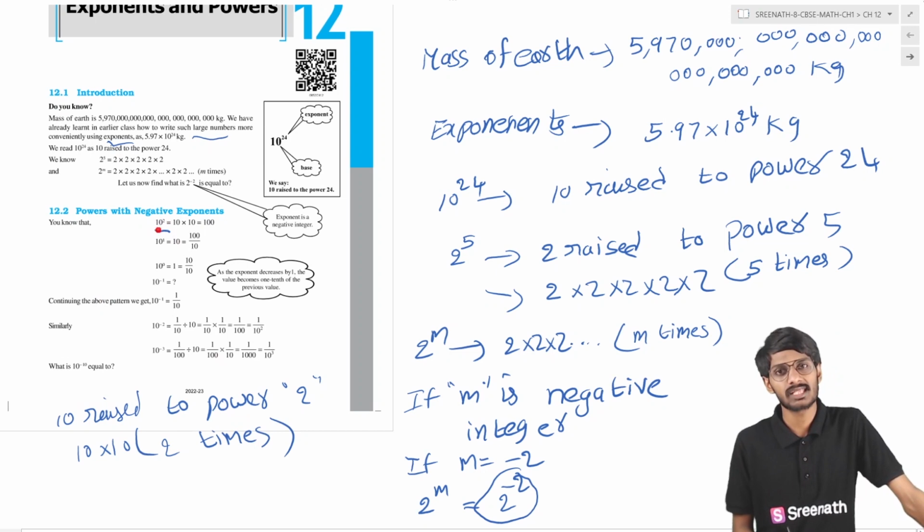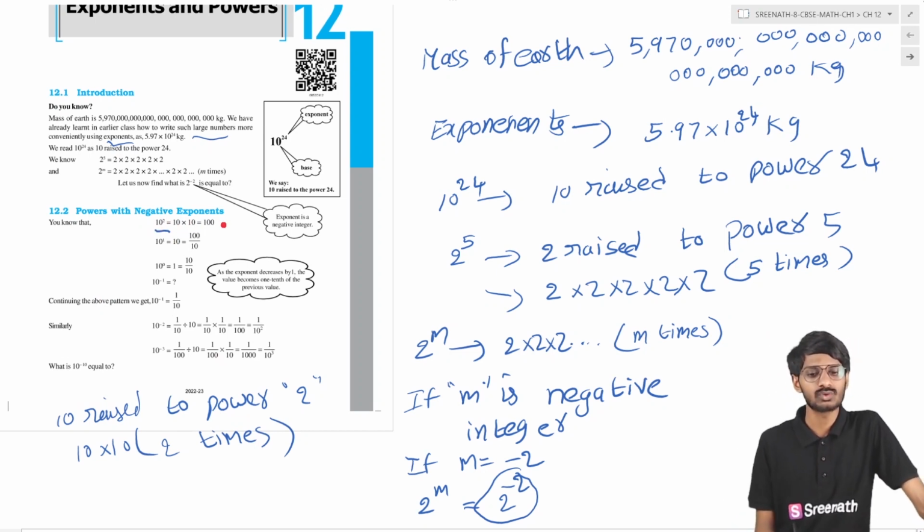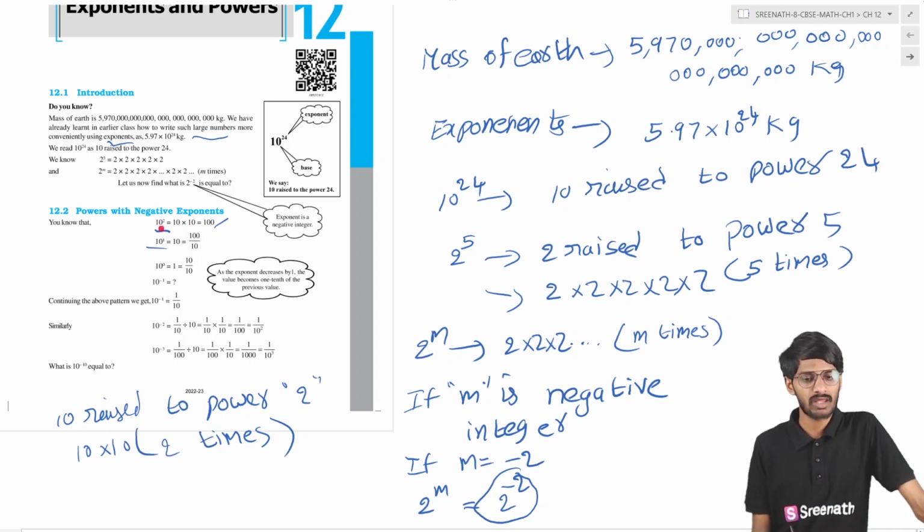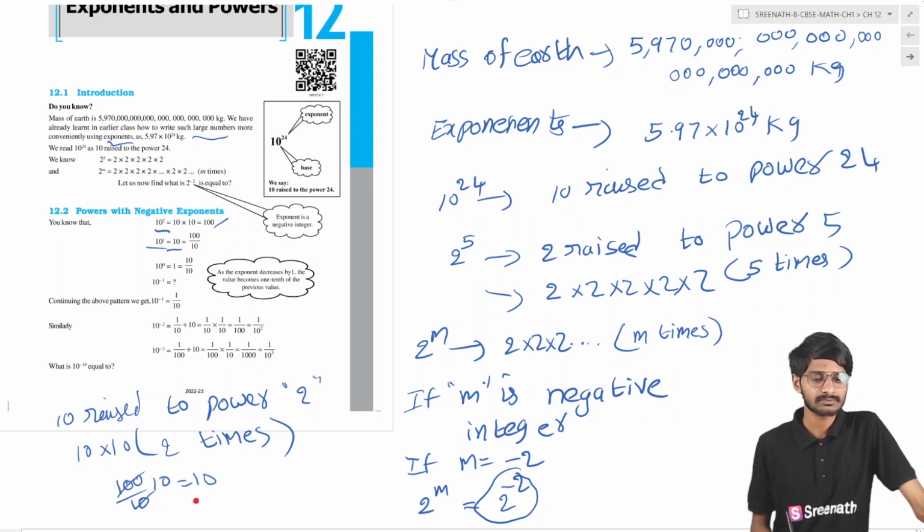So whenever there is 10 square, we write it as 10 into 10, that is, it becomes 100. Whenever the power is decreased by 1, we can write 10 as 100 by 10. What is the value of 100 by 10? So the value is 10.